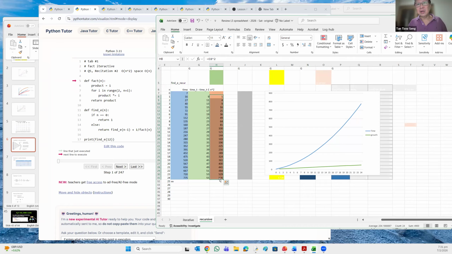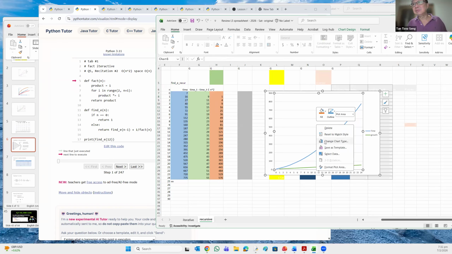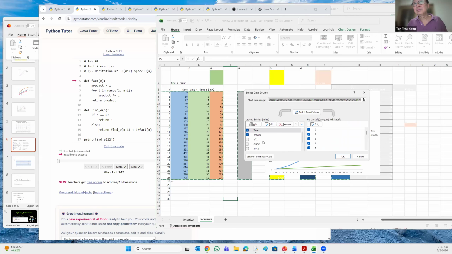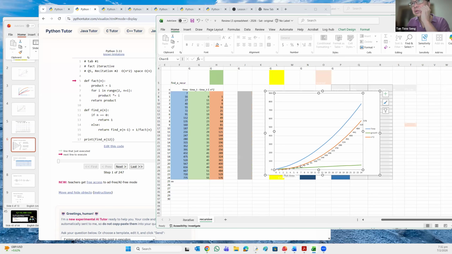For example, 24 squared is 576, right? Okay, so how does this look like? You can see the curve for n squared here.